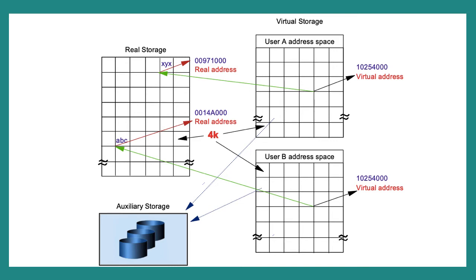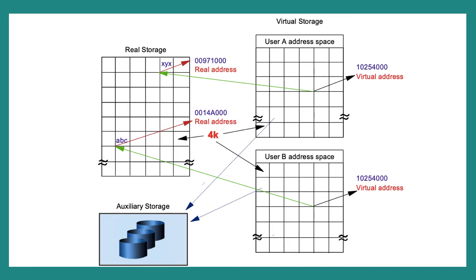Paging can also take place when z/OS loads an entire program into virtual storage. z/OS obtains virtual storage for the user's program and allocates a central storage frame to each page.